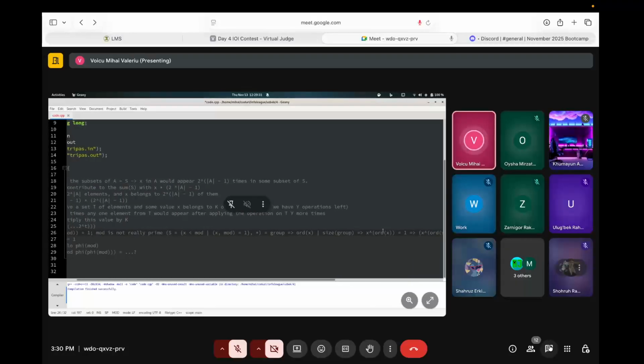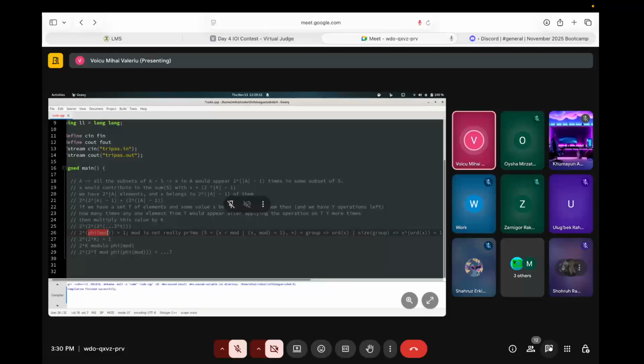And by definition, phi of mod is the size of this set. It's the count of lesser elements that are coprime with mod. So as long as 2 and mod are coprime, this identity holds.